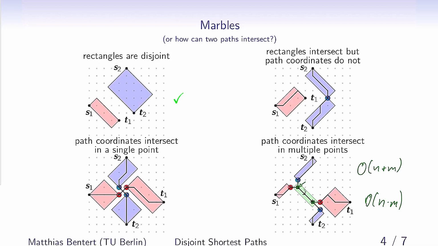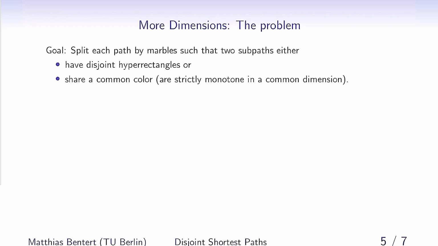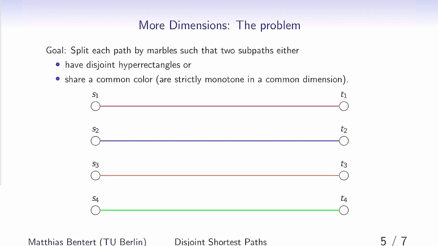In this case, both of the paths are monotone in both directions, but in general it's enough to have just a single common dimension, then we can use an algorithm for k disjoint shortest path on a DAG, which is solvable in XP time, as seen before, or subpaths have disjoint hyperrectangles. So either we can solve them separately or we can solve them using the algorithm for DAGs. That's the basic idea. But there is a problem, and this problem I want to demonstrate now.